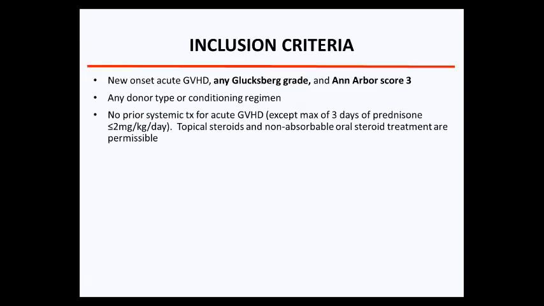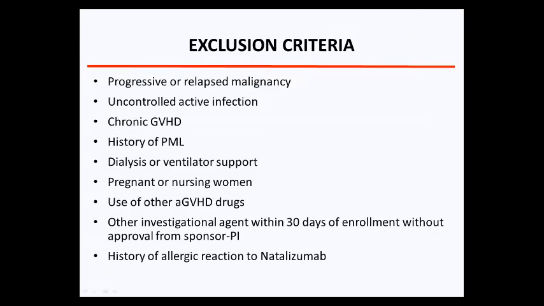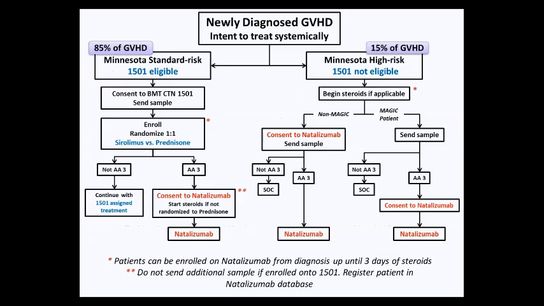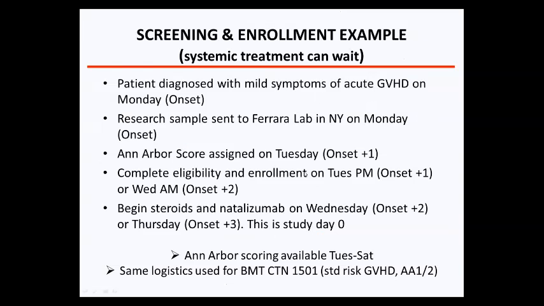Okay, I went through that screening process. We went through that screening, enrollment, and example. Systemic treatment can wait. I had made one change here: I boldened the word mild.